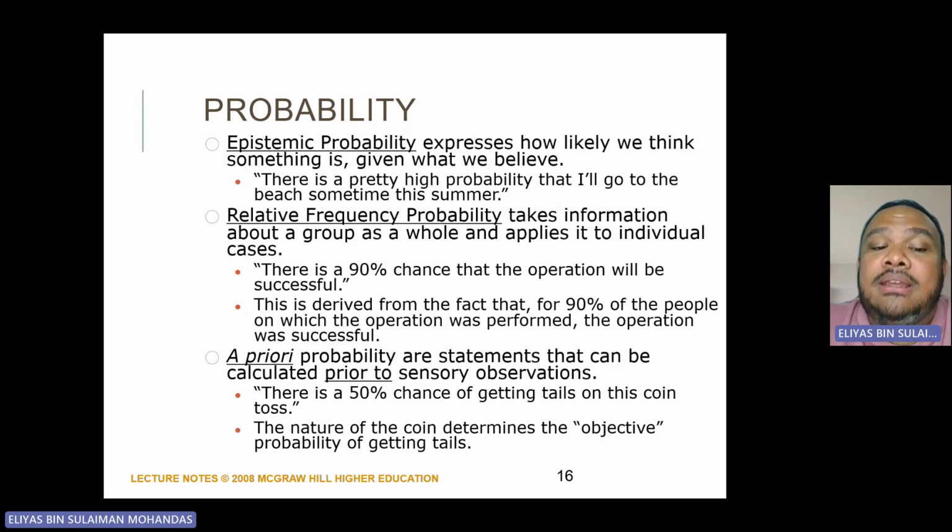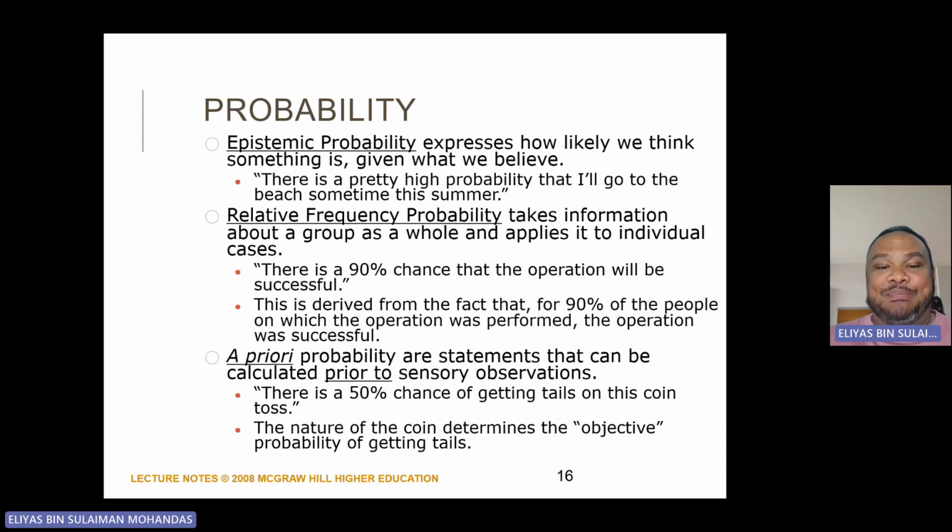The last one is called a priori probability. Now, a priori probability can be counted depending on what the chances are. If I were to toss a coin, there is a 50% chance of getting the head. Similarly, there is a 50% chance of getting the tail, because there are only two sides.